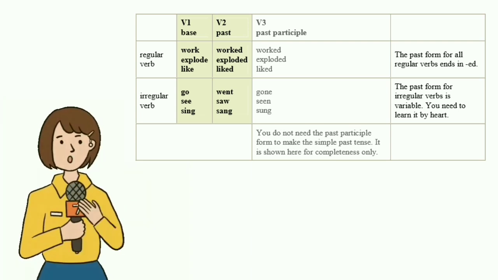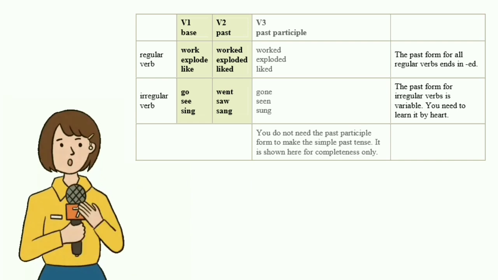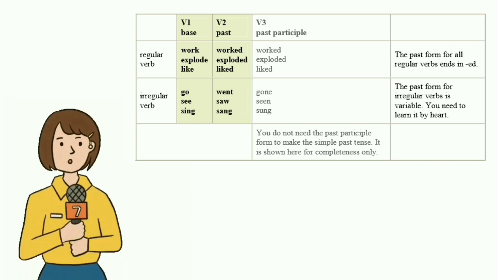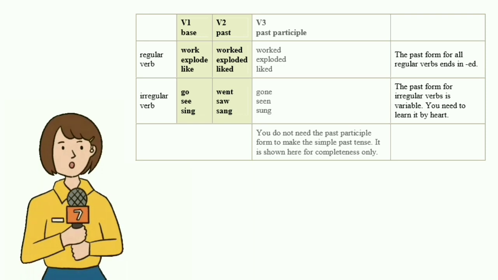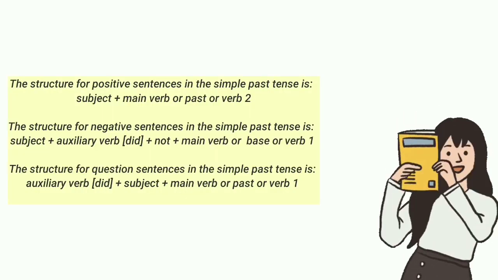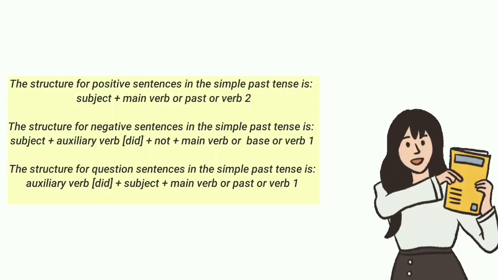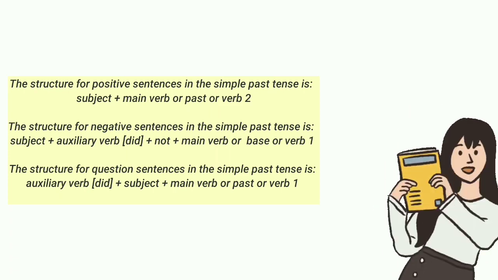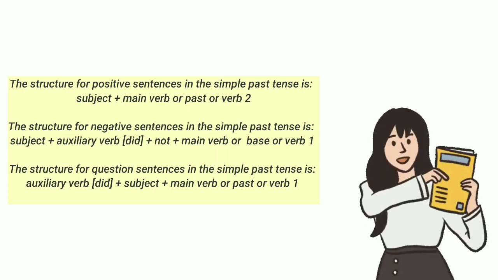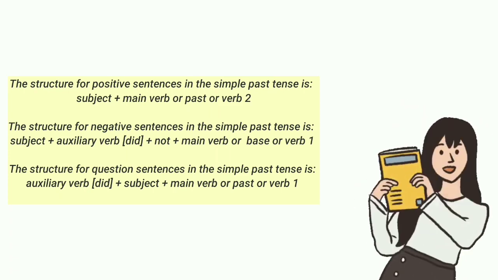The past forms of irregular verbs are invariable; you need to learn them by heart because you have to remember all of them. The structure for positive sentences in the simple past tense is subject plus main verb past or verb 2.